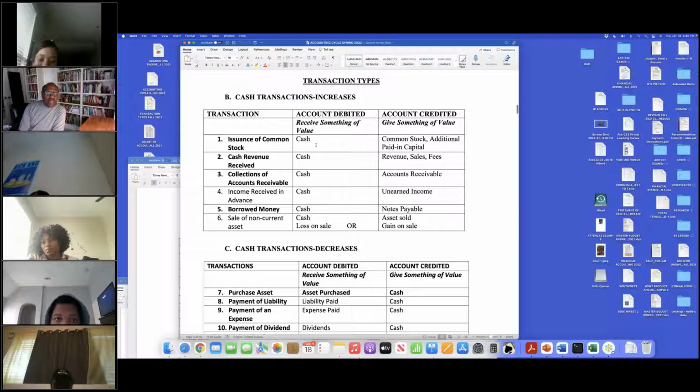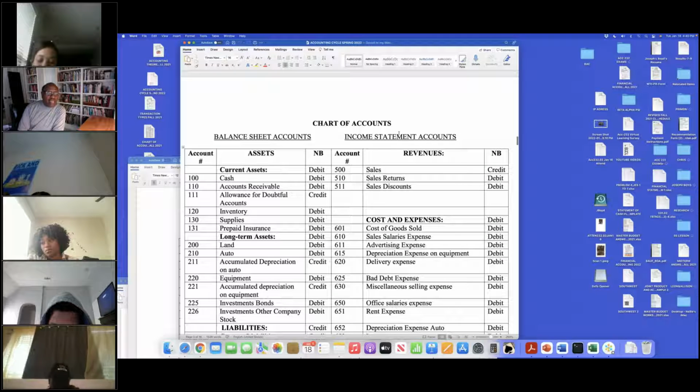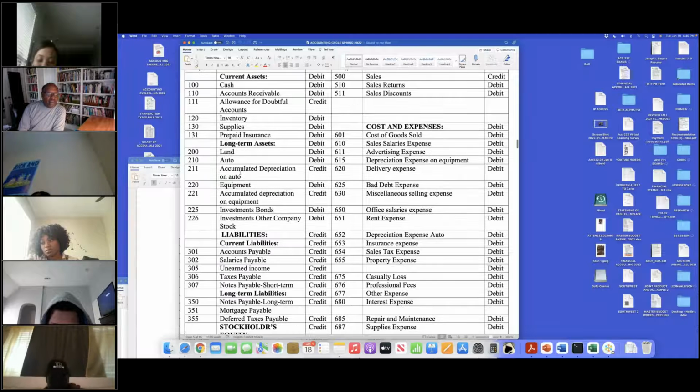So once we identify the type, it tells us what account we're going to debit and what account we're going to credit, or what type of account. We then come to this chart of accounts and get a number. Cash is 100, common stock is 400.